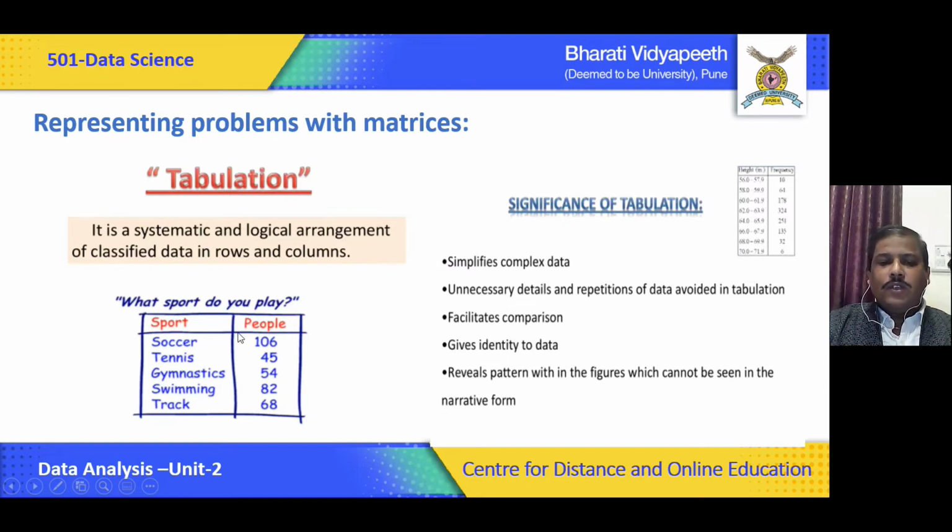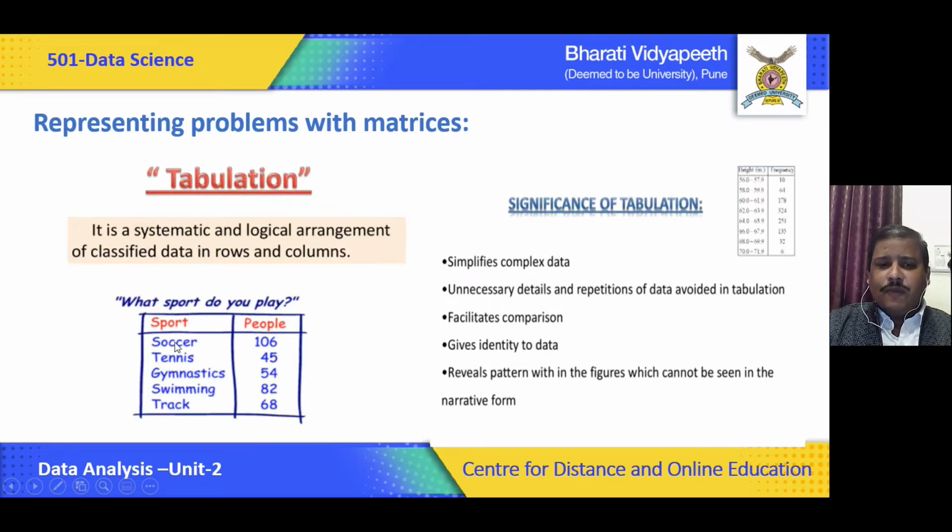Here you can find the original data, different categorical data, or data which can be classified in different ways, represented in tabular format, with two columns and a number of rows. It is very easy to represent. You can see different types of sports and the number of people. So what sports do you play?